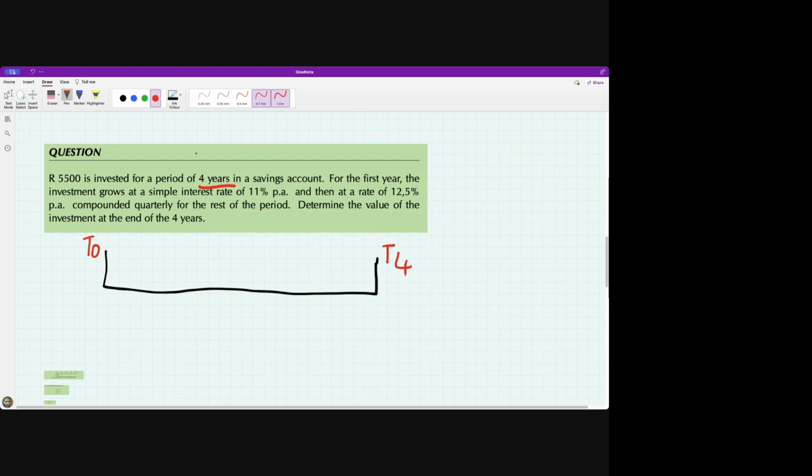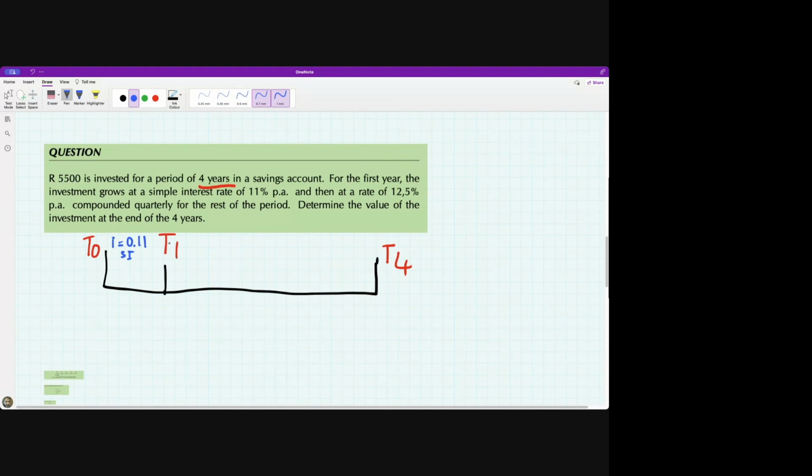Okay, so that's T4. Now, where is something for the first year? So what I'm going to say is that my timeline has T0, T1, and T4. And for the first year, the interest rate is 0.11, and it's also SI. So I'm just going to write SI just in case I forget.